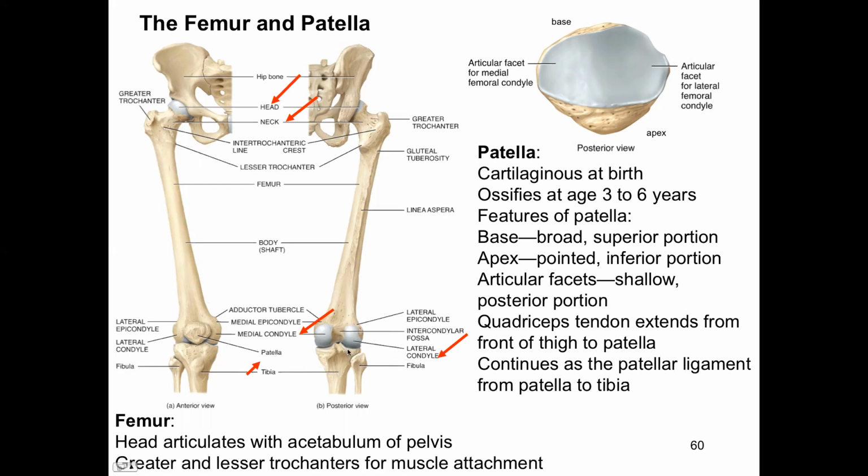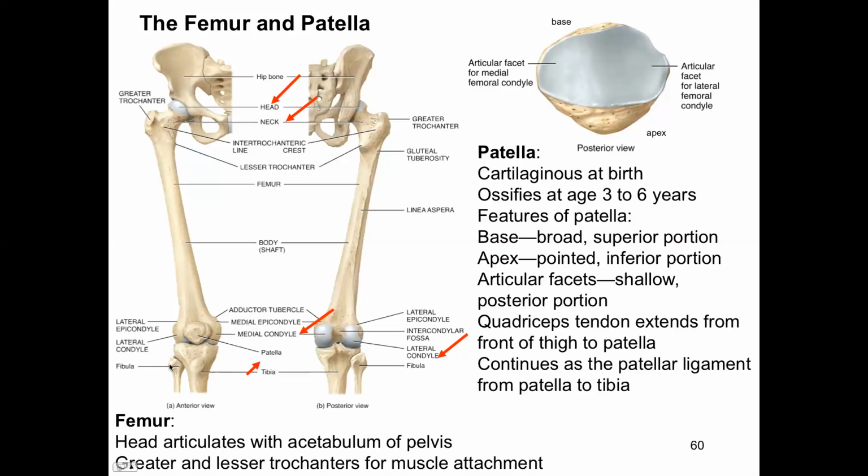Just looking at the surfaces that are articulating with the tibia. Okay, so here's your patella. Now here's your tibia, which is going to be in your lower leg. But in my notes, I wrote down that the femur is going to articulate with the tibia on the medial condyle, and with the fibula on the lateral condyle, because the fibula is here, but it doesn't actually touch that very well.